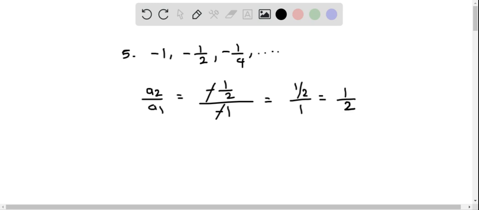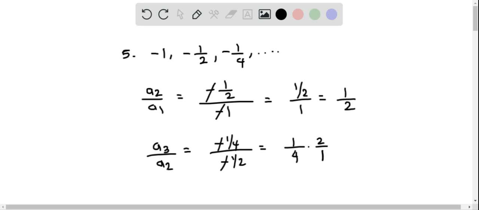And let's find the next ratio, that is a3 over a2, and so this equals a3, which is negative 1/4, and a2, which is negative half. So we can cancel these two negatives, and I put this numerator fraction as 1 by 4, and I multiply with the reciprocal of the denominator fraction, that is 2 by 1, and so we can reduce this, it goes 2 times, so it is equivalent to 1 half.